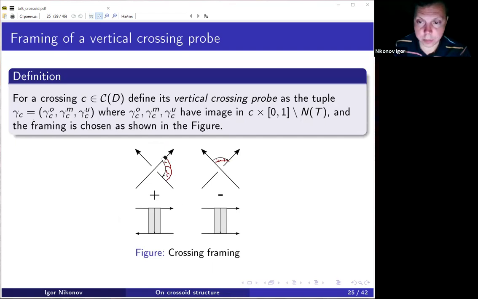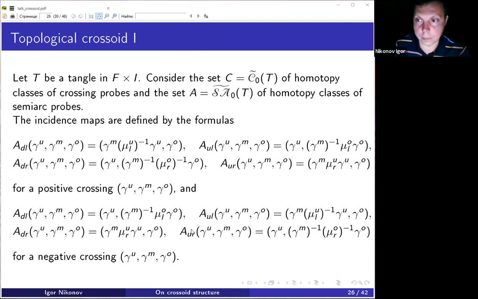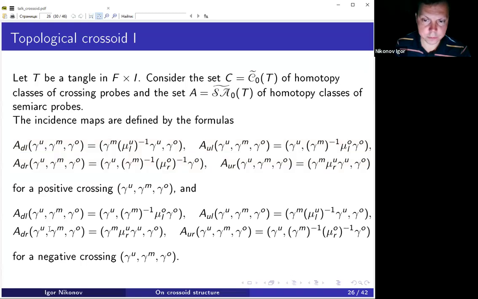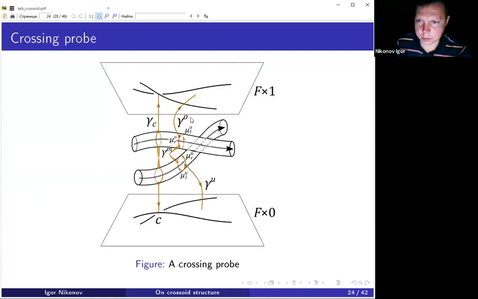So there is a rule to define the framing for the vertical crossing probe. Then given our set of homotopy classes of these probes, we define the crossoid structure on this set. We define the incident maps for positive crossing and negative crossing, using this under, middle, and over.